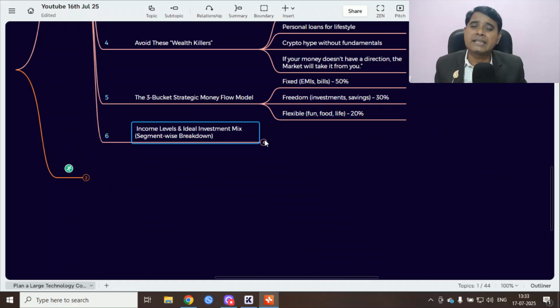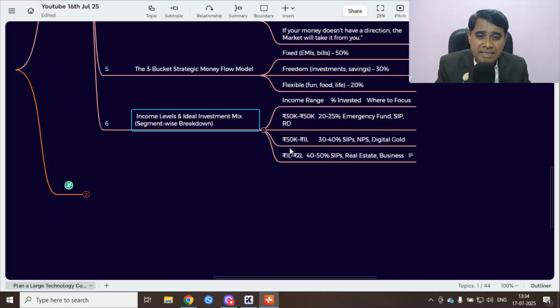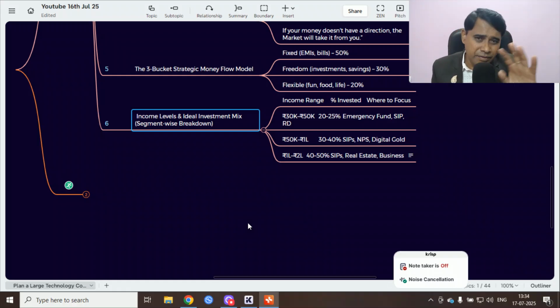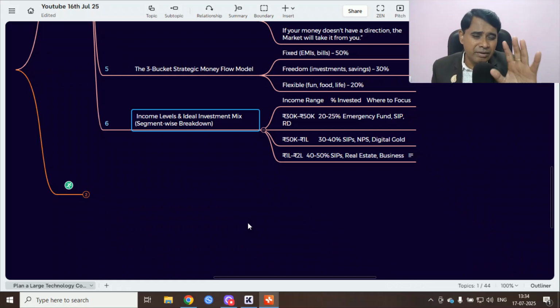What these income levels mean is simple: you need to understand these percentages. Suppose your income range is 30,000 to 50,000 rupees every month, or whatever income you are getting every month, your investment should be 20 to 25%, going to your emergency fund, your SIP or RD.